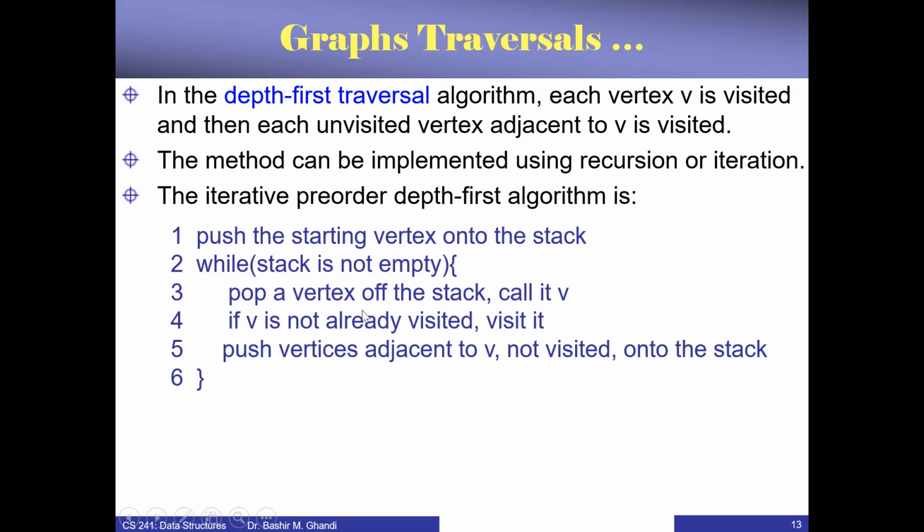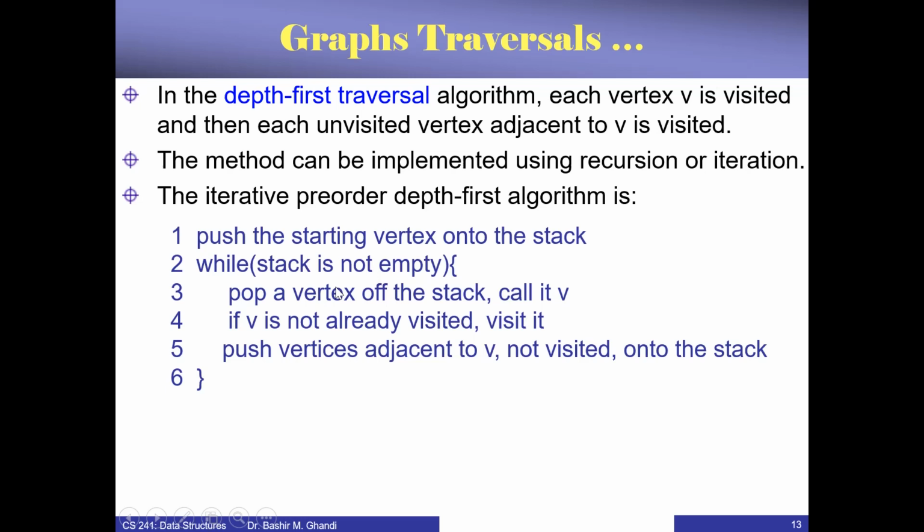Here it means you have to use some kind of Boolean array to keep track. Now after visiting V, you need to push the vertices adjacent to it onto your stack, and then you repeat the loop.